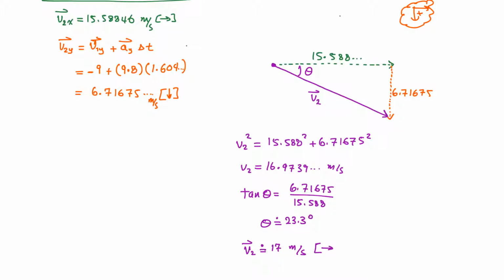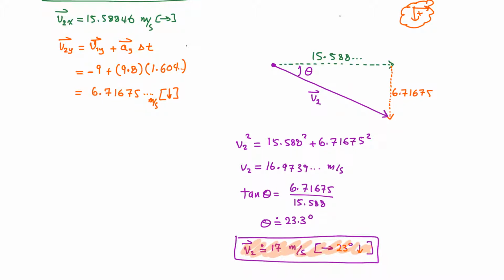So I'm just going to show you folks here that I'm going in, not the east direction, but I'm going in the right direction, turning 23 degrees towards the downward direction. So this is 23 degrees down. And this is my final velocity. And I'm going to highlight it, and I'm going to box it.